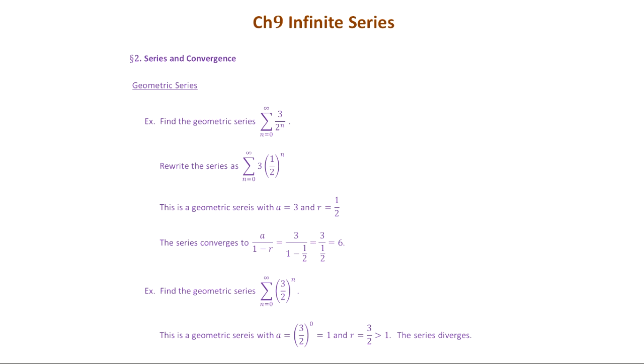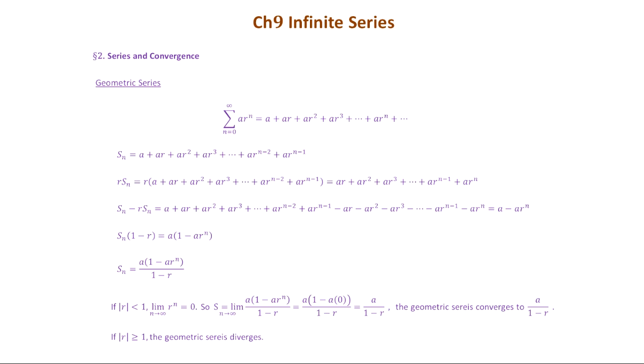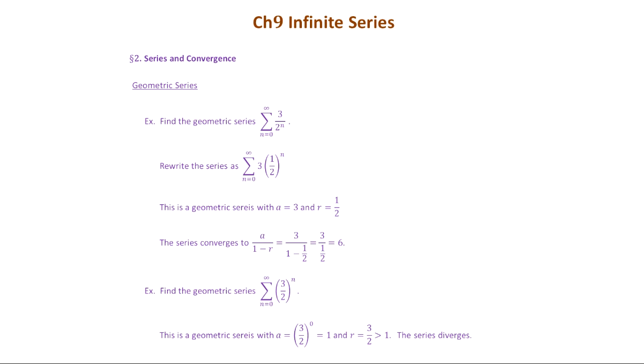The first thing is to rewrite this series in standard form as a times r to the n, and then use the formula to find the sum. So you can write 1 over 2 to the n as (1/2) to the n, and then multiply by 3. So that's the series we have here.